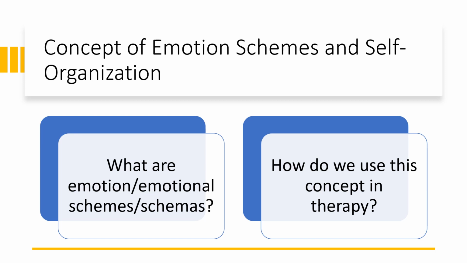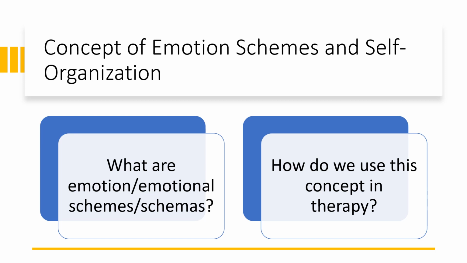So how do we use these concepts in therapy? One of the primary goals in EFT is to change the emotion schemas and to change the self-organization in a way that they're more functional for the individual. So oftentimes, to be very simple, these emotional structures and schemas are over-controlled or under-controlled, the two primary presentations we'll see.